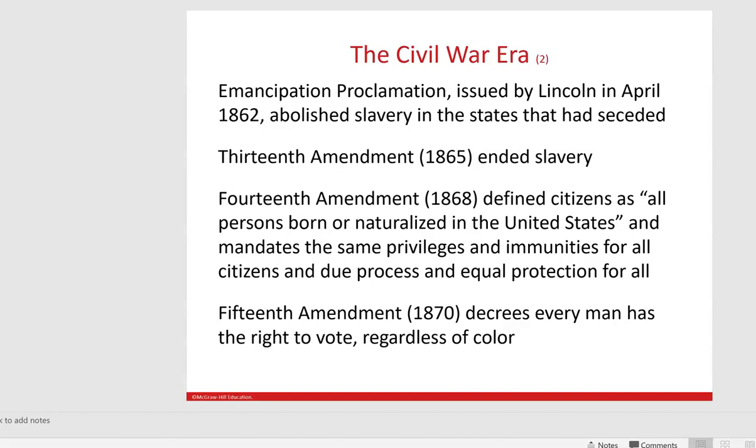The 14th Amendment was 1868, which we have discussed several times, and it gave everyone equal government and legal rights to the protection offered to the full extent of the law. It's commonly known as the Equal Protection of the Laws Clause. And then the 15th Amendment, passed in 1870, decrees that every man has the right to vote, regardless of their color.